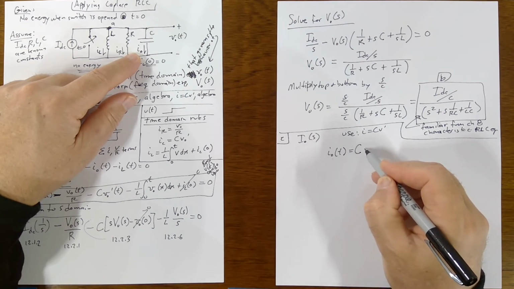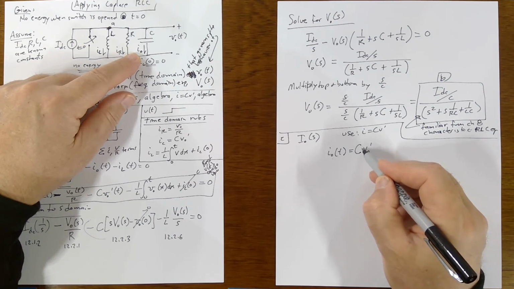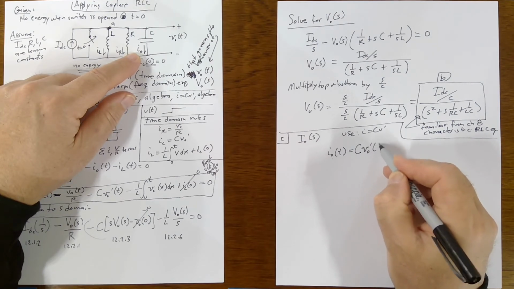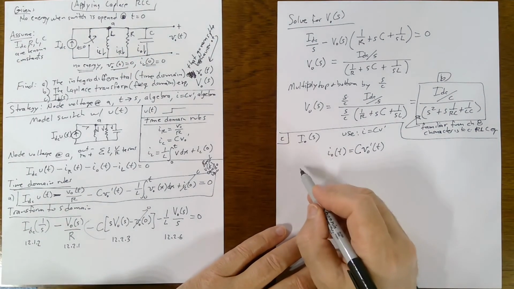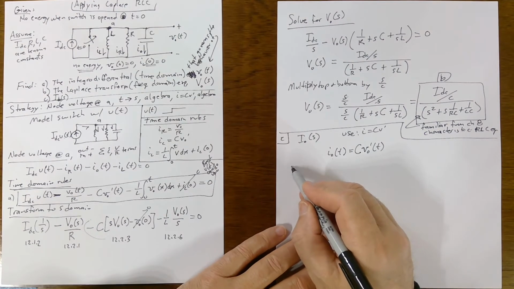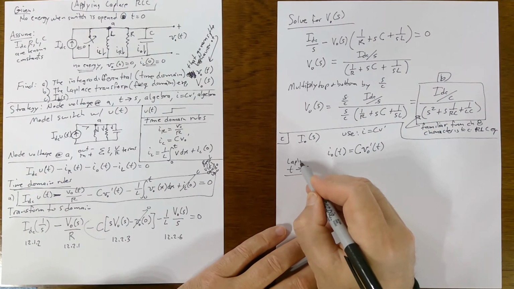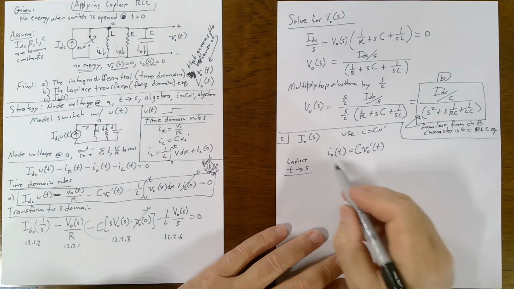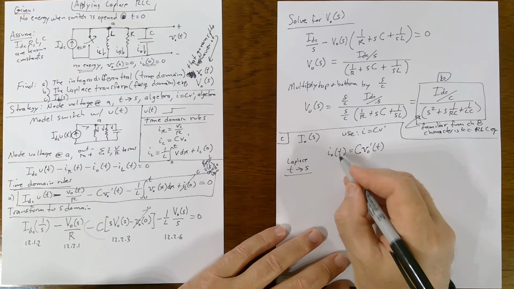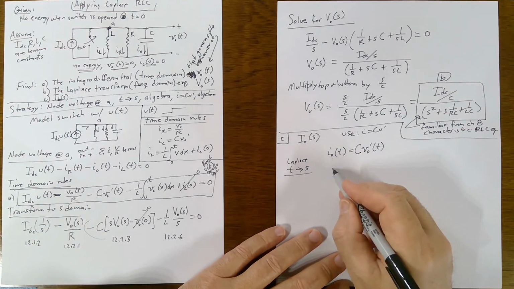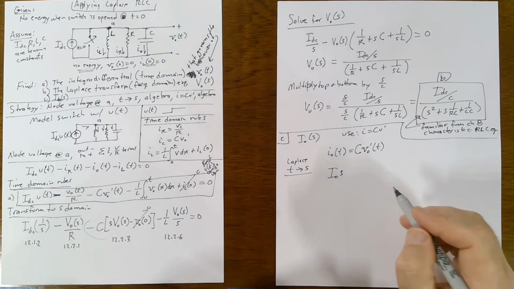And then the voltage across the cap for this problem is little v sub 0 of T prime. Now we can do a Laplace time to frequency domain transform on this. So that means this little i0 of t is going to be big I times S.